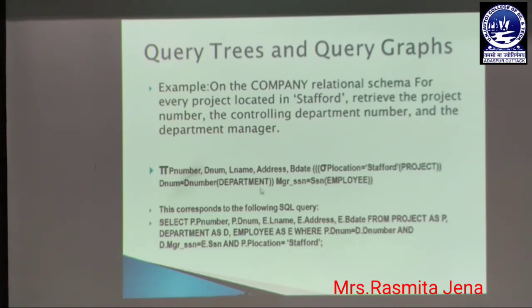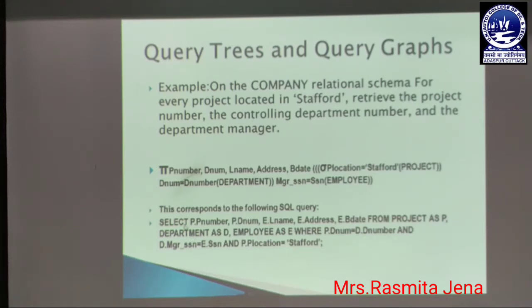From this we compare the manager SSN with the SSN in the employee table, and we will get the result, that is the project number of the project located at Stafford, the department number controlling the project, and the last name, address, and birth date of the manager who controls the project located at Stafford. Okay, this is the relational expression, and this one is the SQL statement for this query.